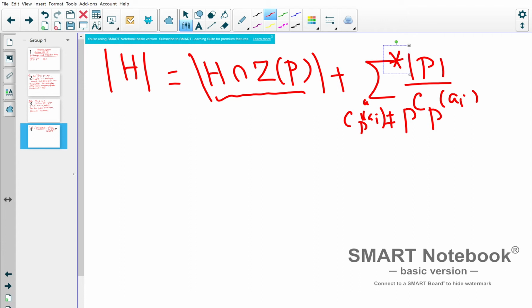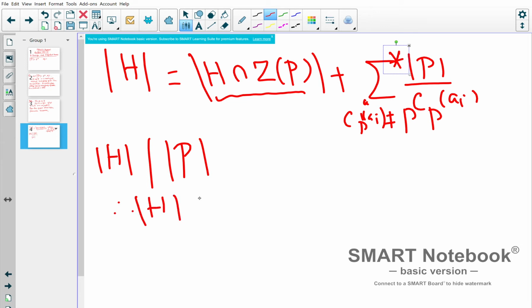Now you see that H is a subgroup of the p-group P, so the order of H divides the order of P by Lagrange's theorem, and hence the order of H is p to the alpha.